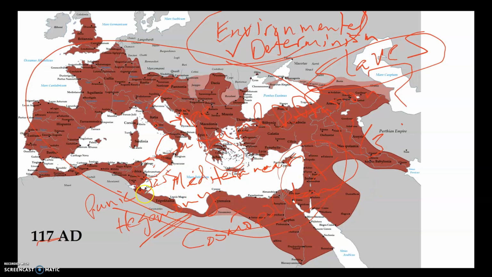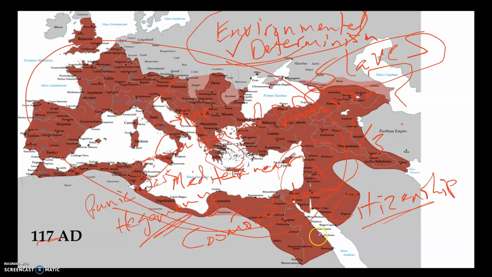But the Romans are also, and we're going to look at this as well, going to give citizenship to people they conquer, which is important, to make them citizens, give them rights. Why would you do that?